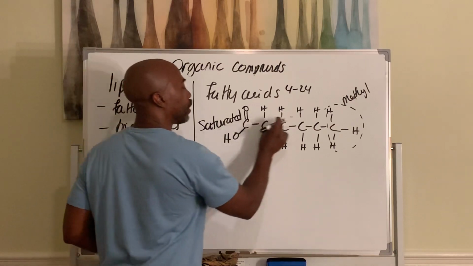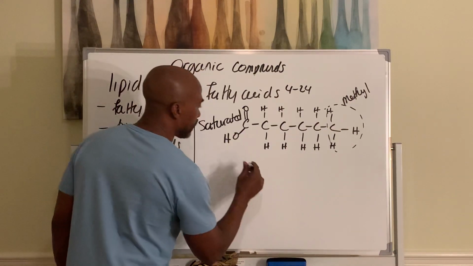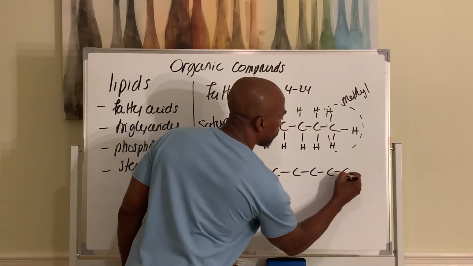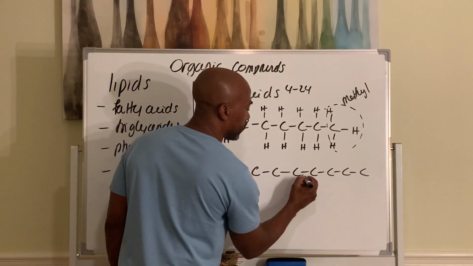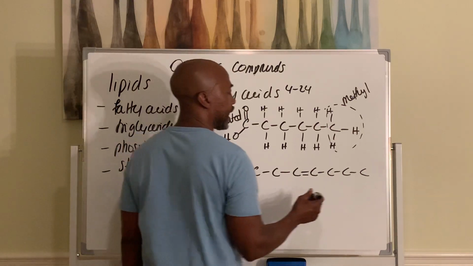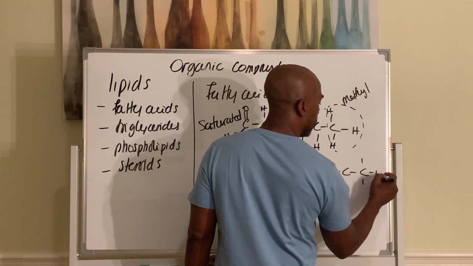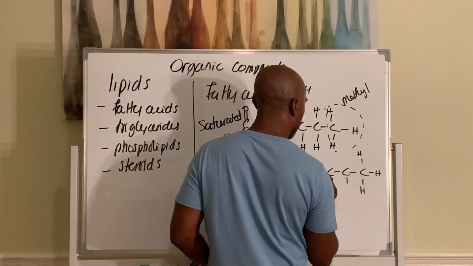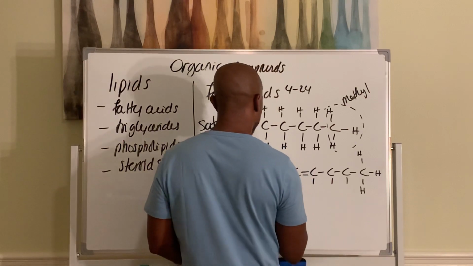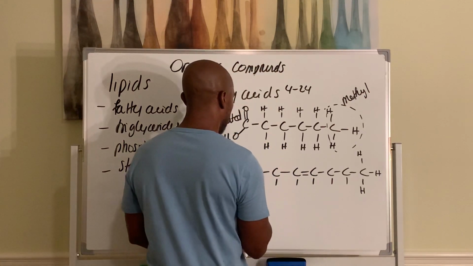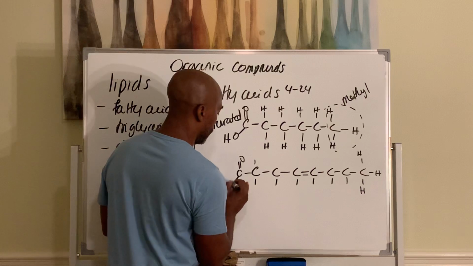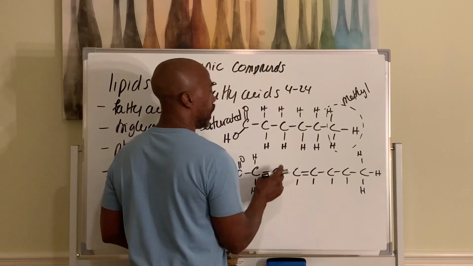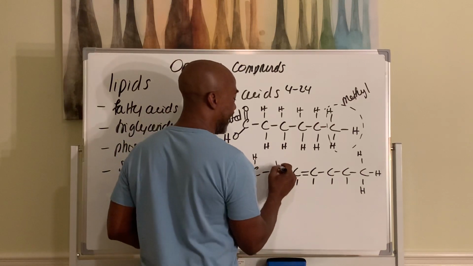Other than all single bonds in the carbon chain, sometimes you may have a double bond, for example. And in that case, the carbons in the double bond will have one less hydrogen.